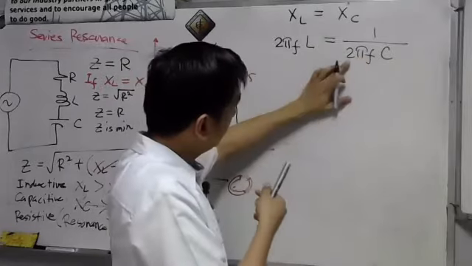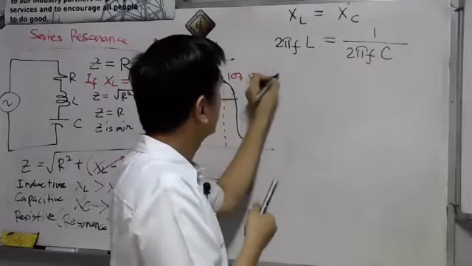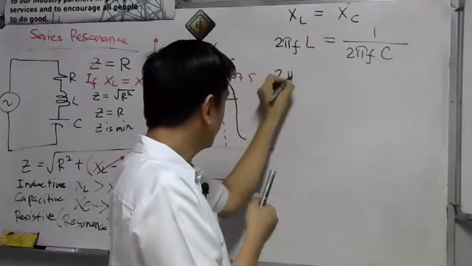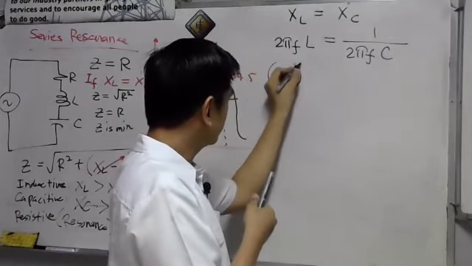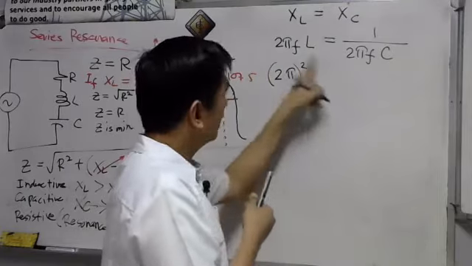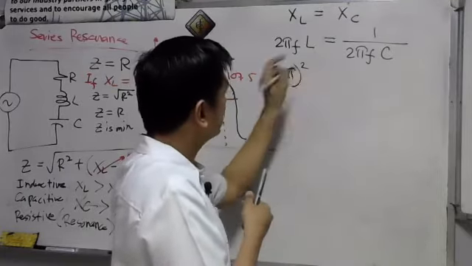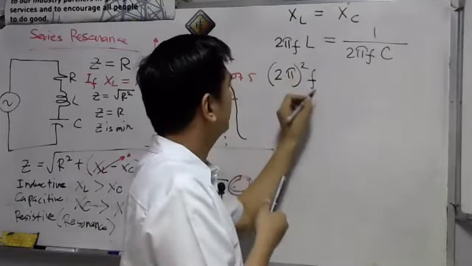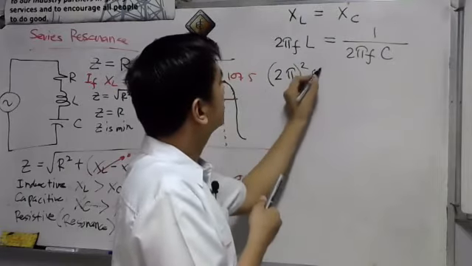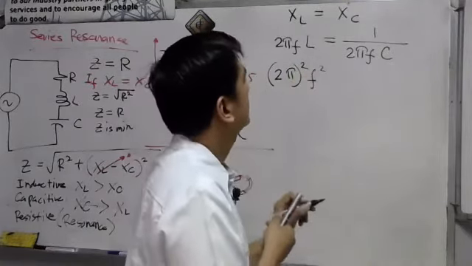So, we'll be having here 2 pi. Madodoble yung 2 pi natin, so by algebra, that should be squared. Then we have a frequency here, F times F, that will be our F squared.